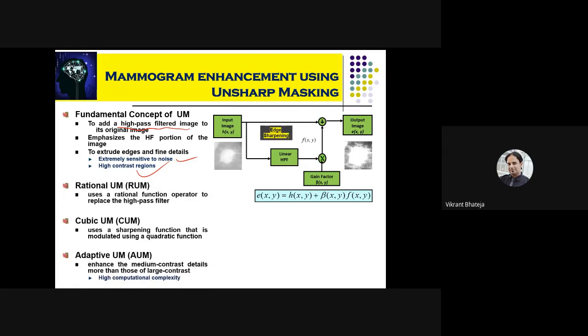Now the other modifications of unsharp masking also do not give a very valued or differentiable kind of response. In these modifications, the linear high pass filter is changed to a rational filter, a cubic filter, or an adaptive filter, right?